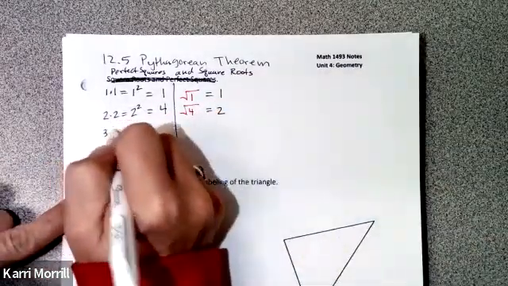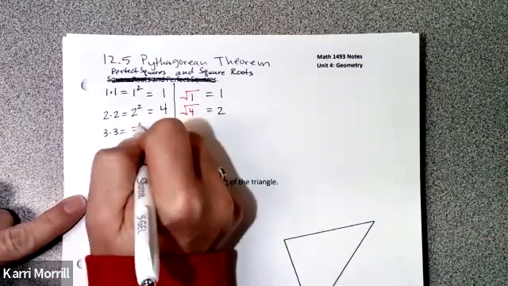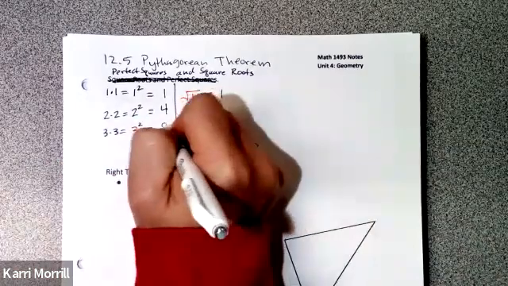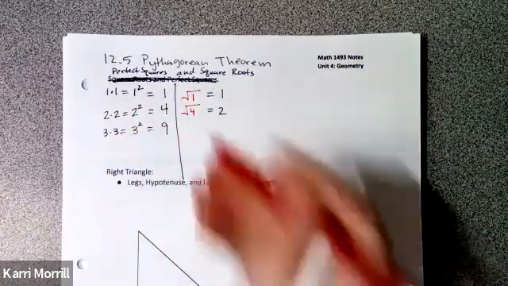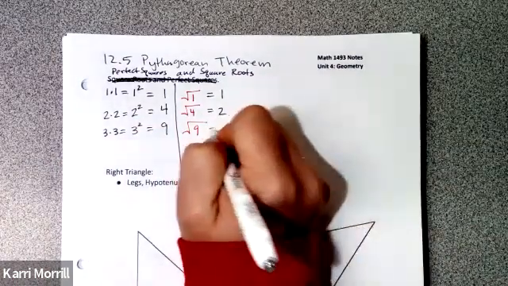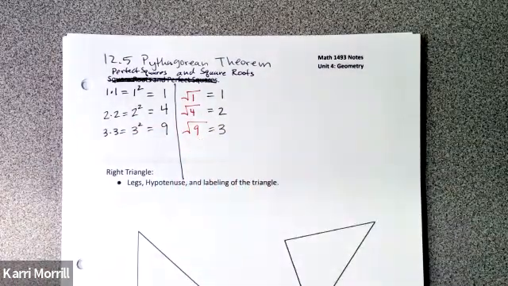If I take 3 times 3, which we would also see as 3 squared, that gives us the number 9. If I take the square root of 9, it takes me back to 3.